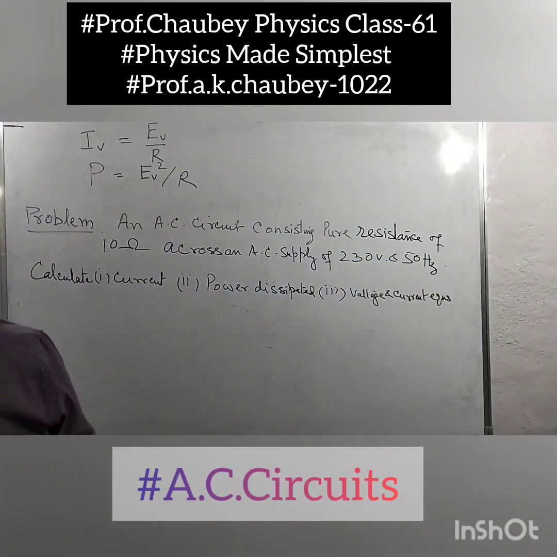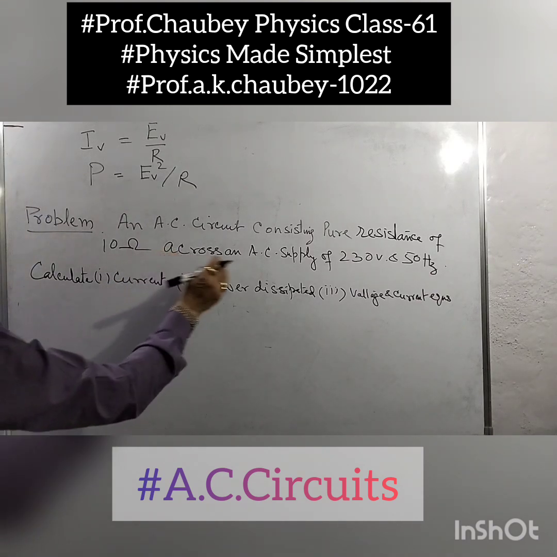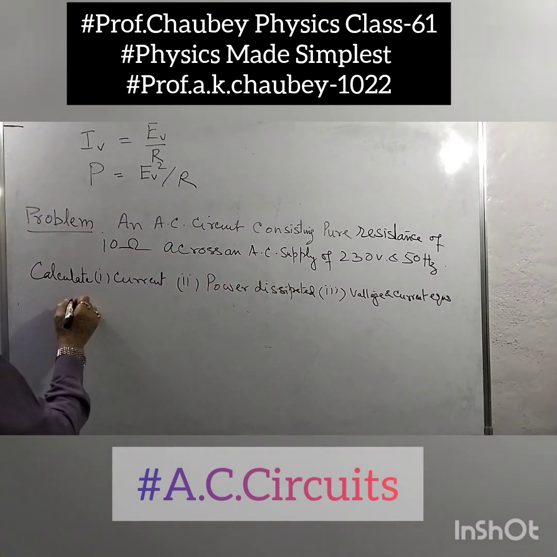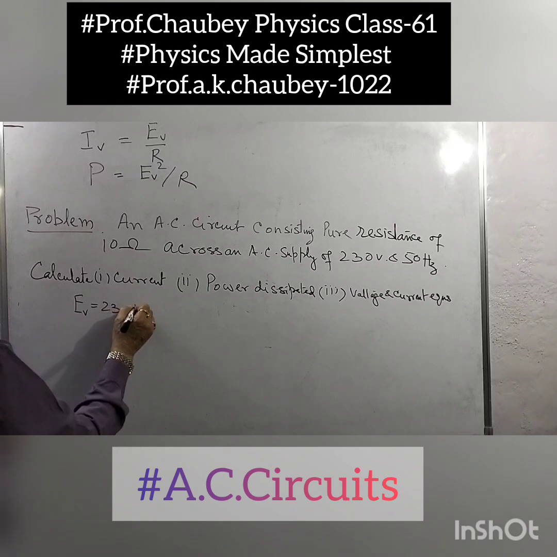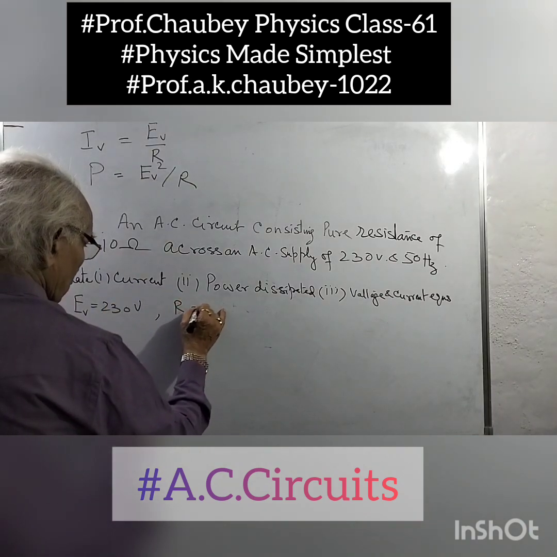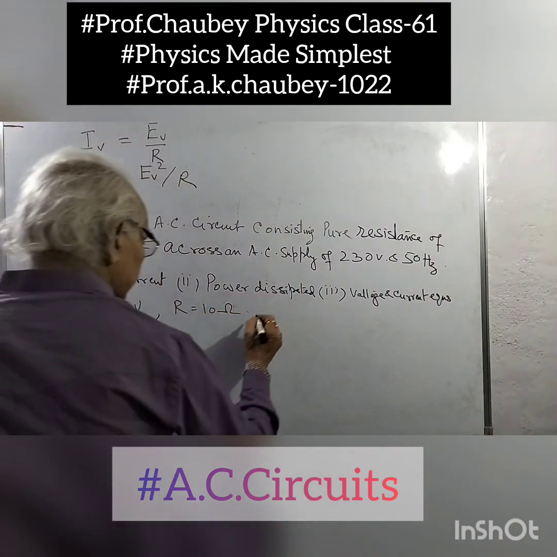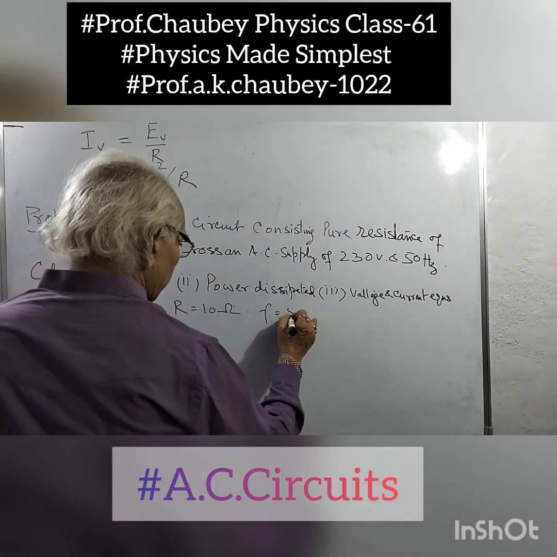So now what do we do? We have EV, the RMS value, the measured voltage. EV is equal to 230 volt, R is equal to 10 ohm, and the linear frequency F is 50 hertz.